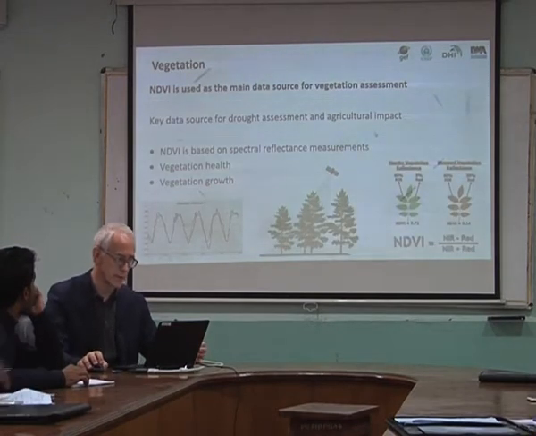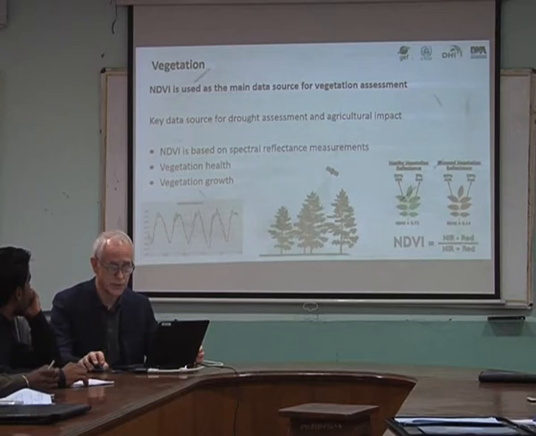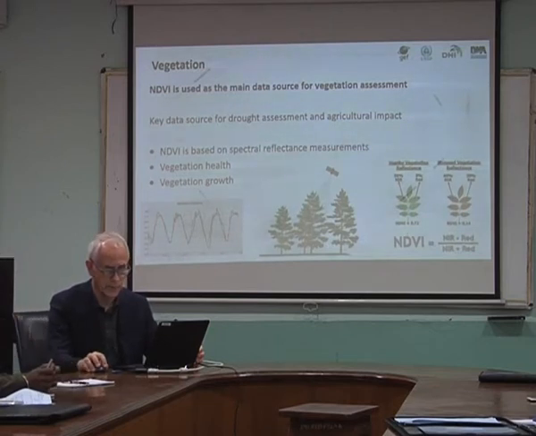Then there's vegetation. NDVI is an index which is very often used to assess how vegetation is doing. It's a little bit described down here. When you get reflection from healthy vegetation, there are 2 types of reflection, near and red.